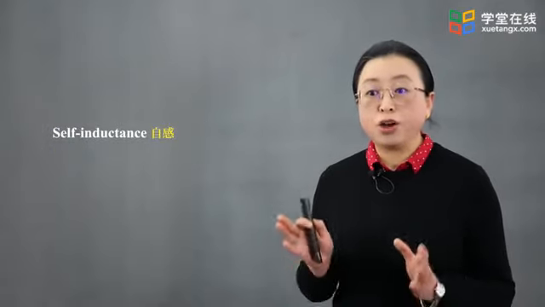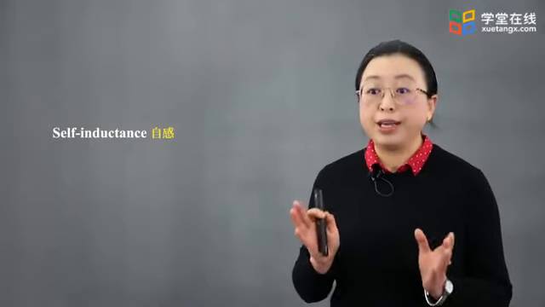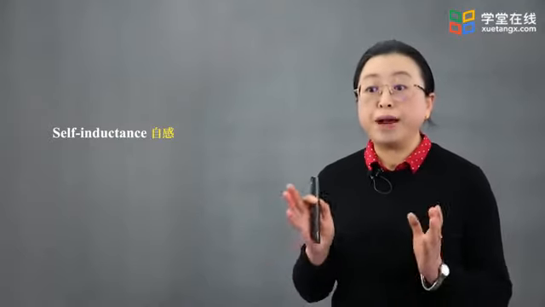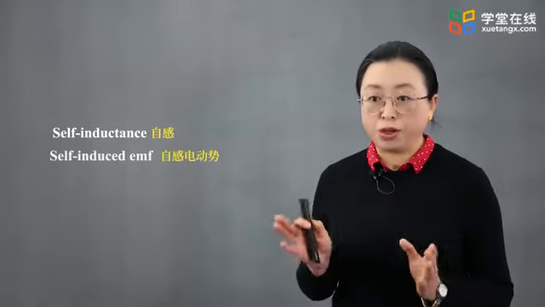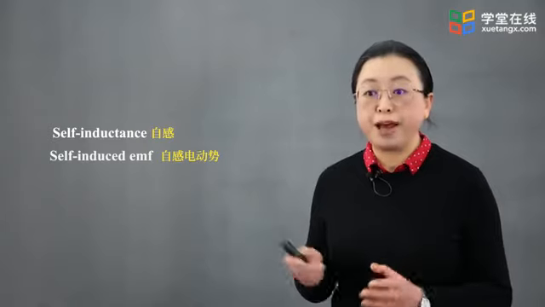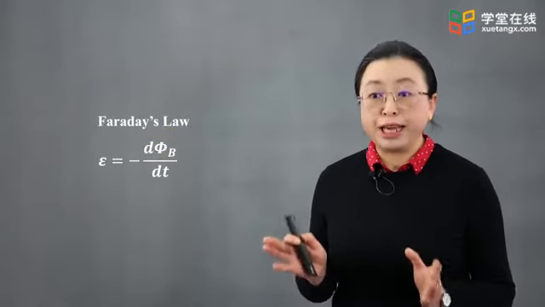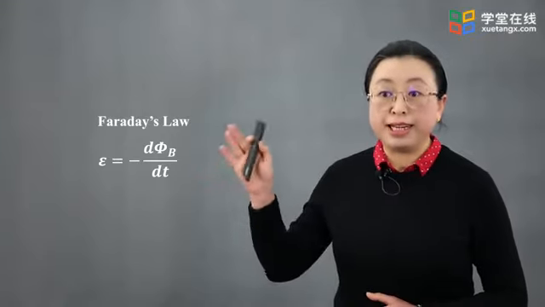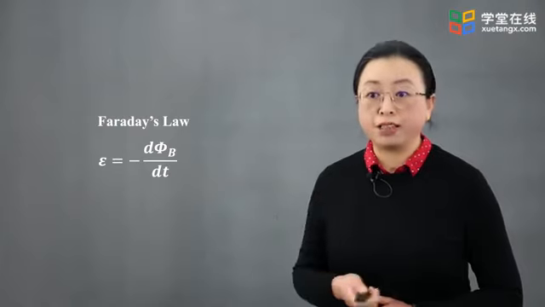This effect is called self-inductance because the changing flux and the induced EMF are caused by the circuit itself. An EMF caused in this way is called a self-induced EMF. According to Faraday's law, the induced EMF epsilon is equal to the negative of the time rate of change of the magnetic flux.